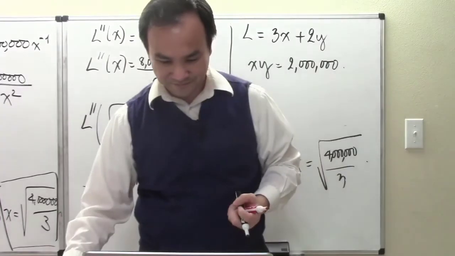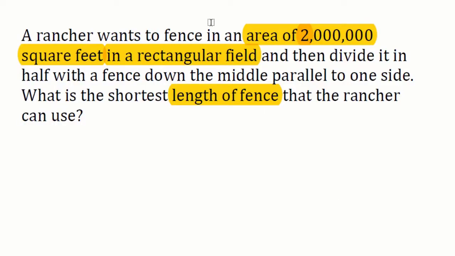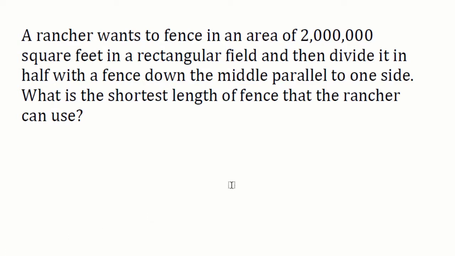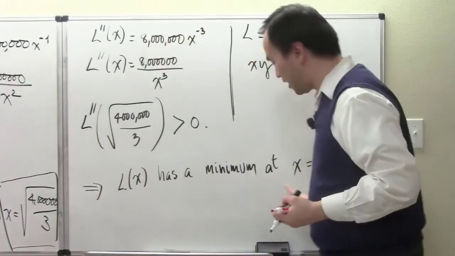Okay, but now let's look back at the description of the problem a little more closely right here. So now I'm going to remove all the highlights. What is the shortest length? So now again I'm highlighting that. I want to find the shortest length. That means we are not going to stop here.